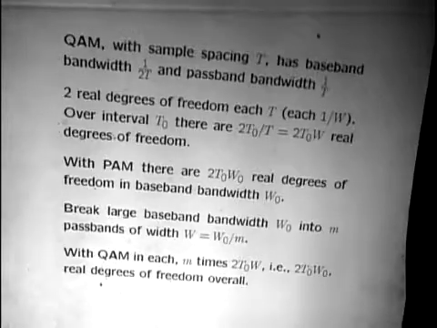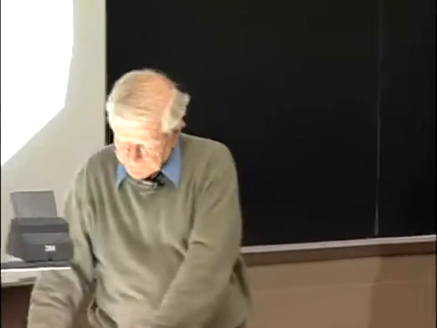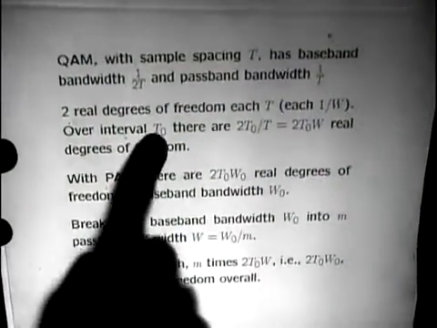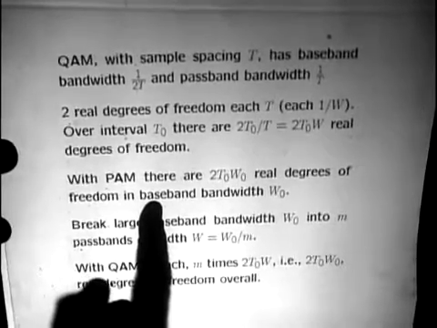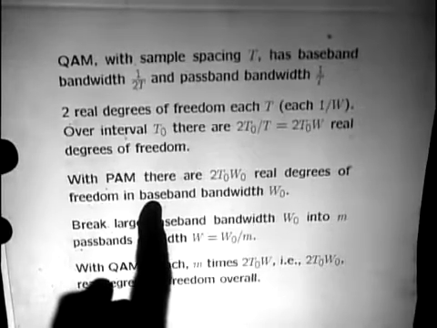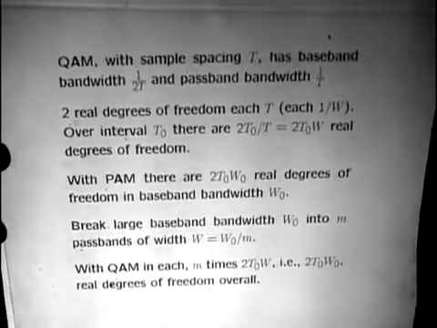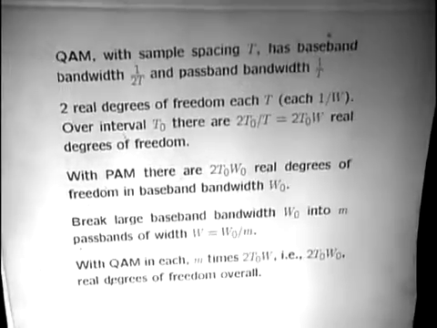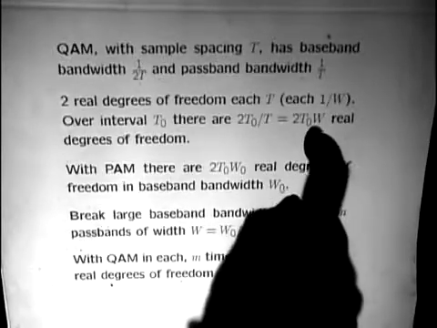Namely, we have 2 different real number signals coming into this transmitter each T seconds. So over a period of T0, some much larger period, we have T0 over T different signals that we're transmitting. Each of those signals has 2 degrees of freedom in it, so we wind up with 2T0 times W real degrees of freedom. Namely, 2T0 over T is 2T0 times W, where W is the passband bandwidth.